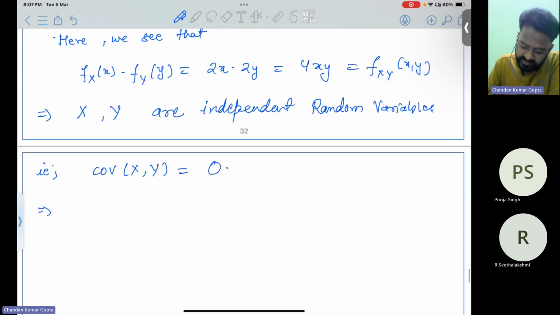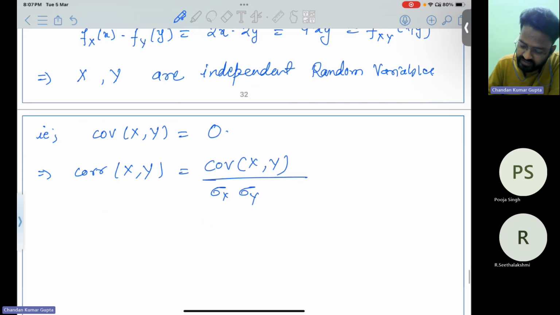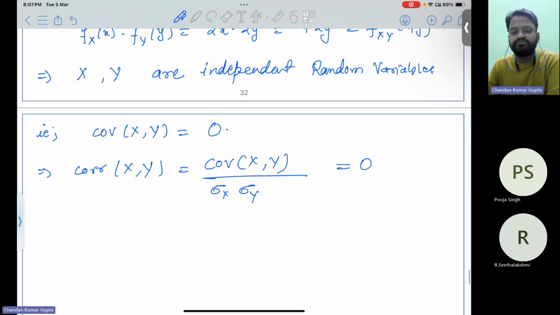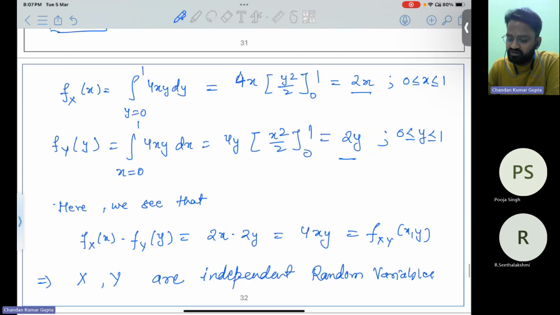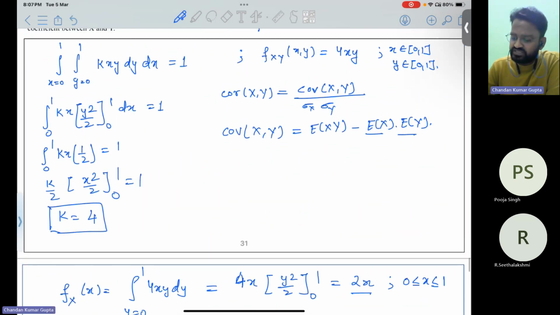And this implies the correlation between x and y, which is the covariance between x and y divided by sigma x sigma y, comes out to be 0. Either you may solve all these quantities, expected value of x, expected value of y, sigma x, sigma y, and put these values in and find that the correlation is 0.